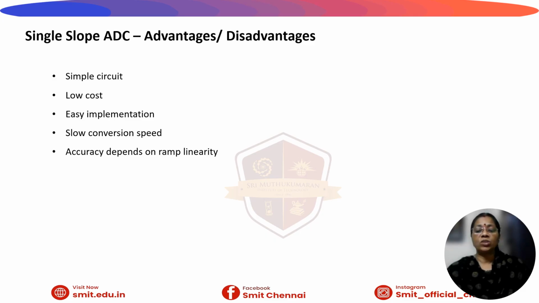The disadvantages are slower conversion speed compared to flash type A to D, and vulnerability to clock and temperature drift. The slow conversion speed and accuracy depend on the ramp linearity.